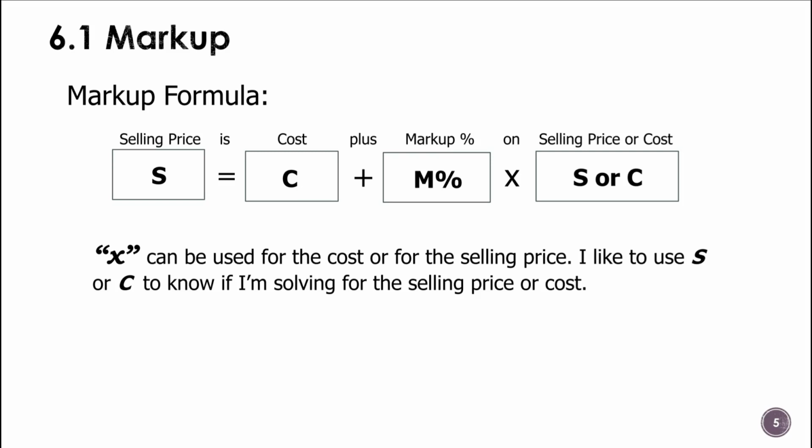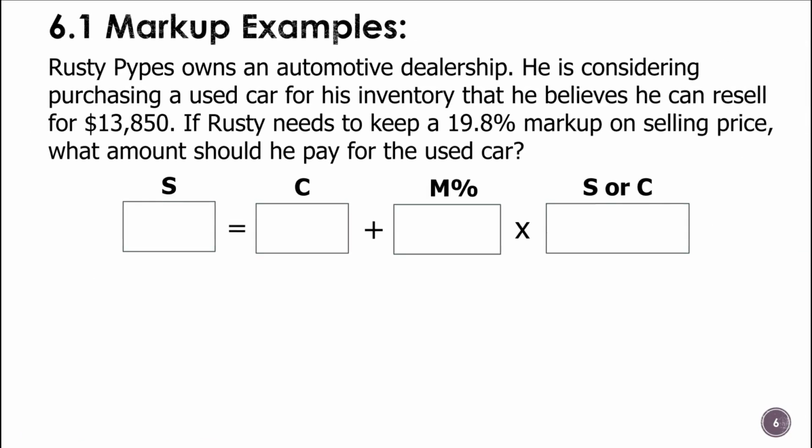So I like to use S and C. If you notice that X can be used for the cost or for the selling price, I like to use S or C to know if I'm solving for selling price or cost. So I'm going to show you how to use this formula. We're going to practice it quite a number of times. And so I put these boxes on each of the slides from here on out, and we have to do some identifying.